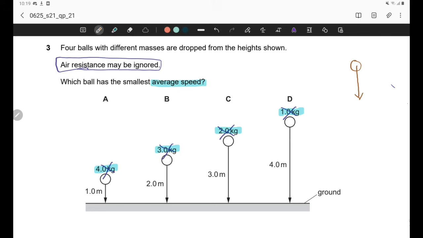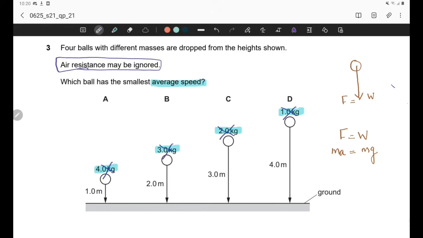So the only force acting on the ball or the falling object is its weight. So we can write the net force is the weight of the object. And we know the equation of force is ma, and the equation of weight is mg.